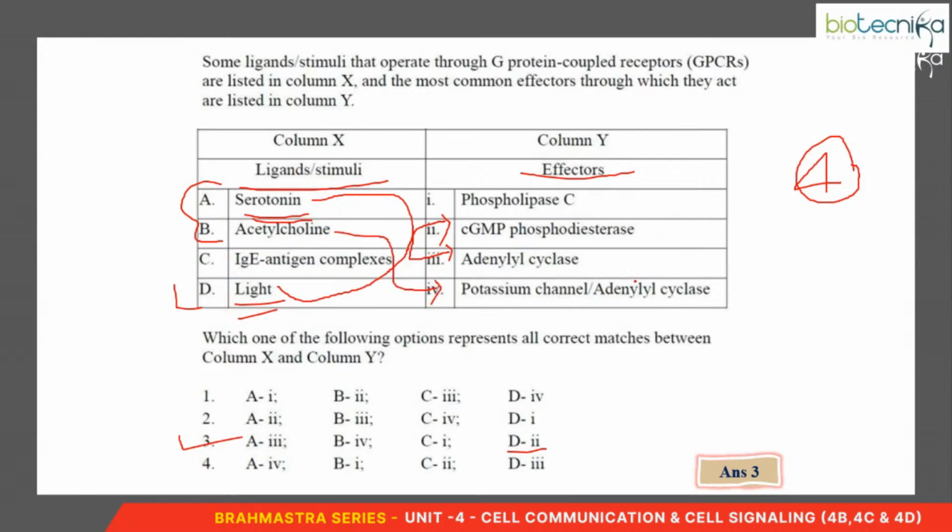Either it can activate AC if it is the GS pathway, or it can activate the potassium channel if it is the GI pathway. Now, what is left is immunoglobulin E antigen complex. This is an immunology related term, and it is related to phospholipase C. So even though you're not able to come to a conclusion on one, if you're confident of the other three, you can easily fetch 4 marks out of this.